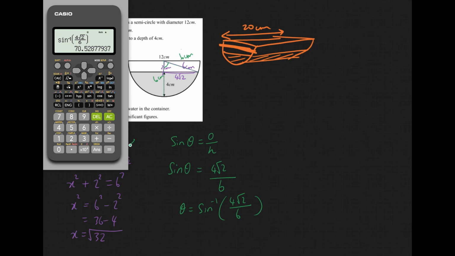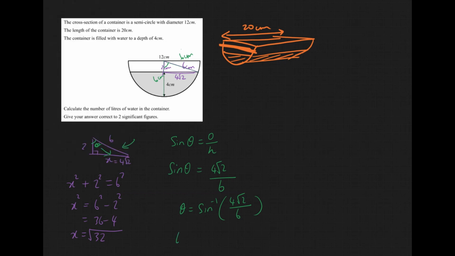The angle turns out to be 70.52877. So theta equals 70.52877, and that's rounded enough. So we won't round it more than that.